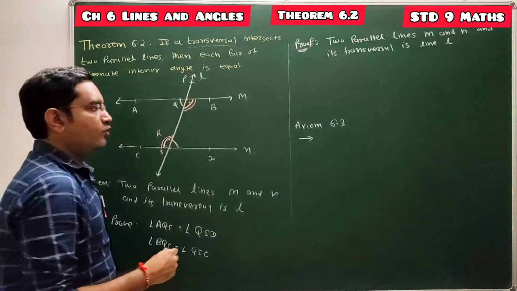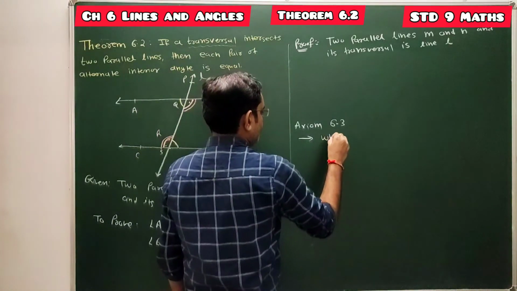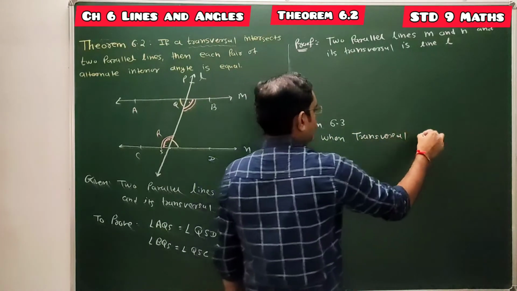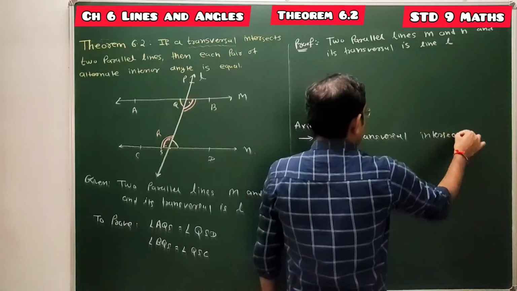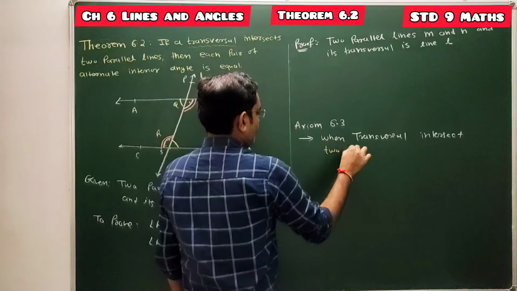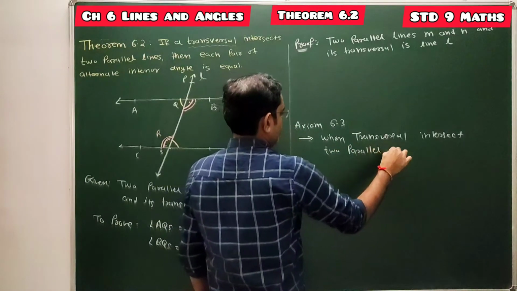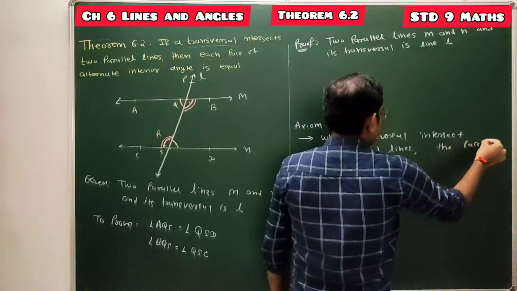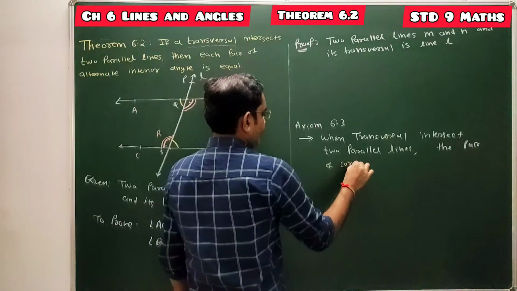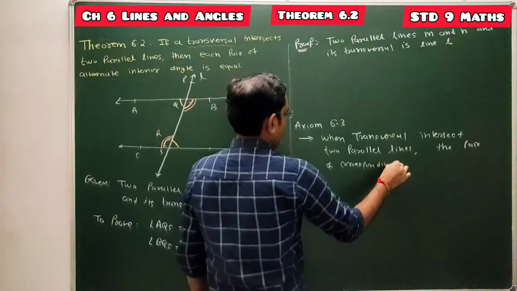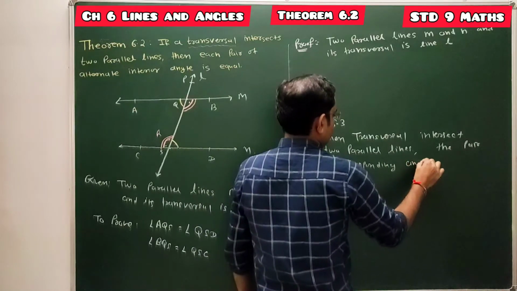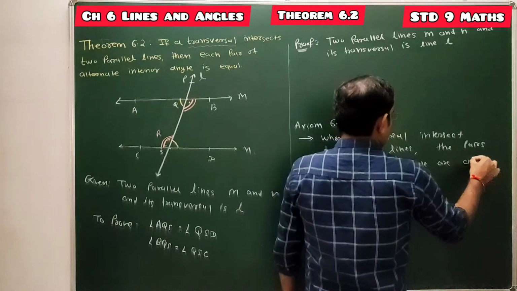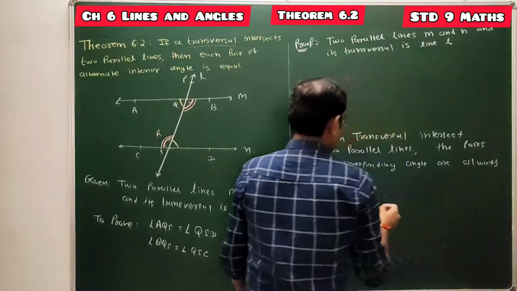When a transversal intersects two parallel lines, the pairs of corresponding angles are always equal.